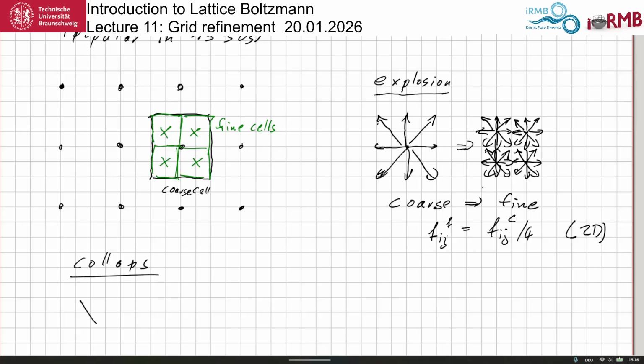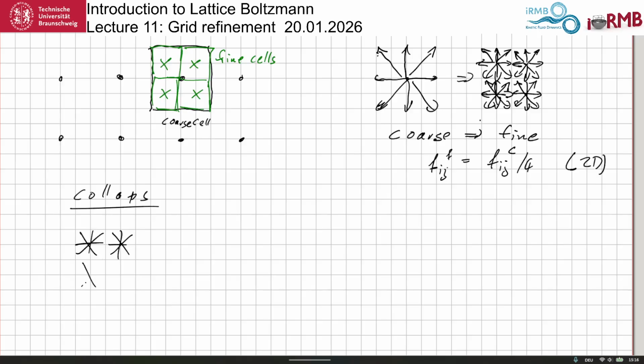So you have, again, the same thing. I'm simplifying a little bit, and I'm not drawing the arrows again.